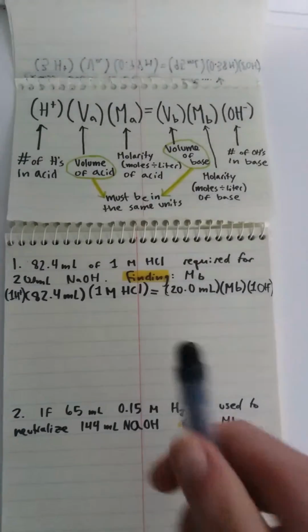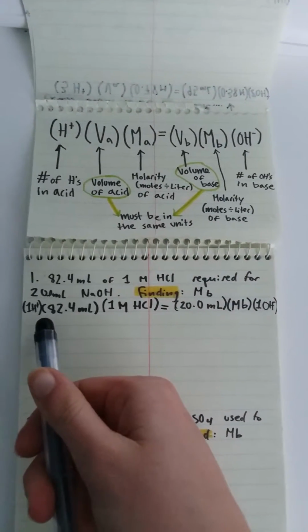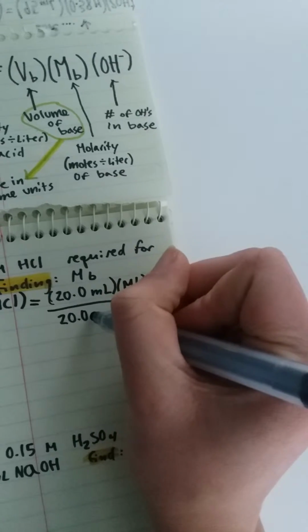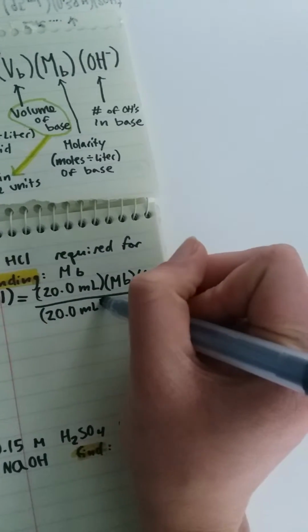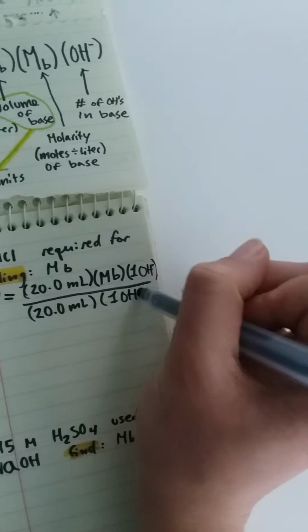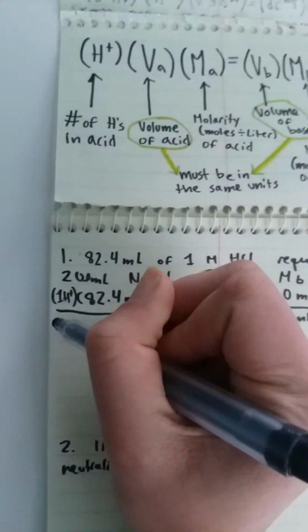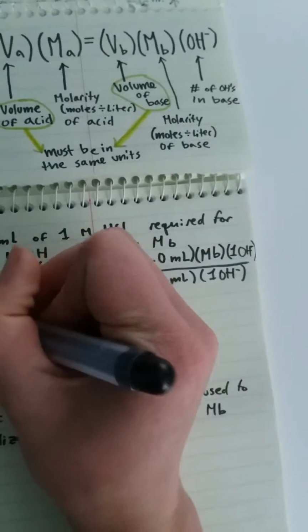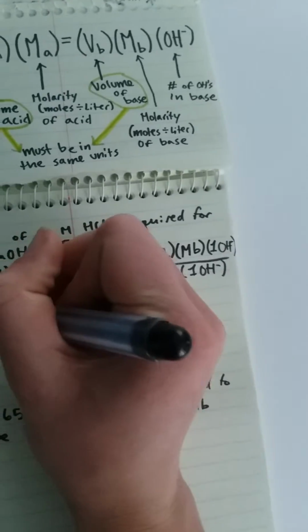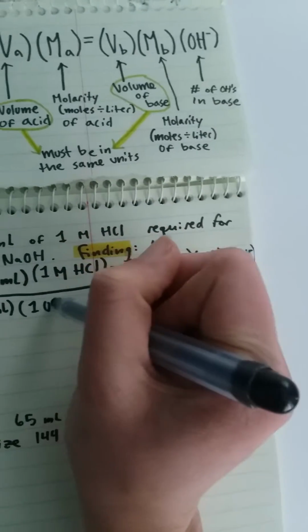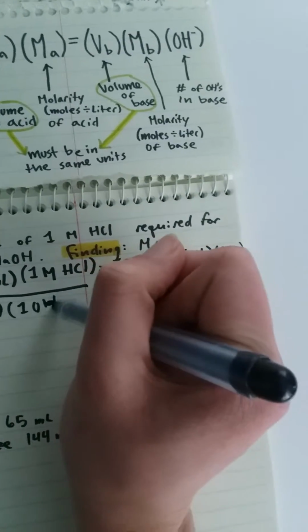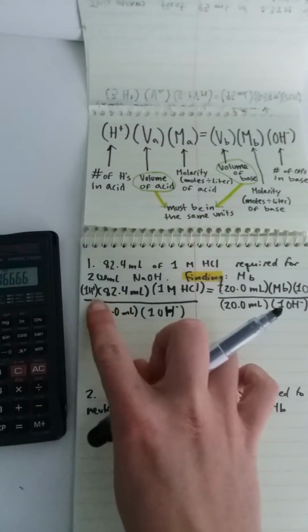Alright, so we're just trying to find this, so we solve it algebraically. We just divide everything on this side that's not the variable, and then we do the same to the other side, because it's an equation. Alright, so then we just solve this.